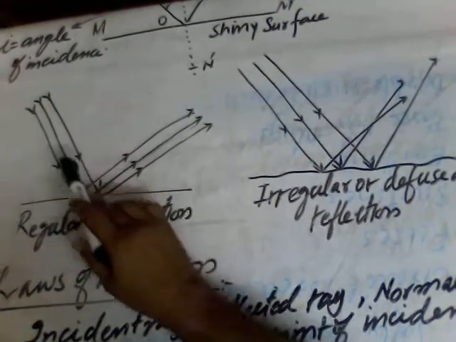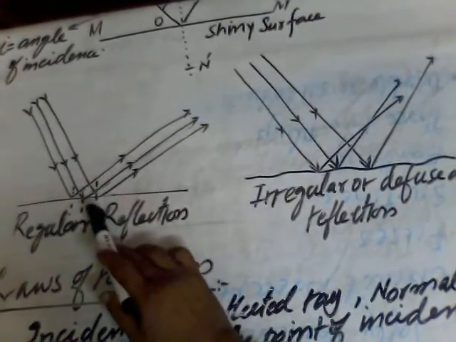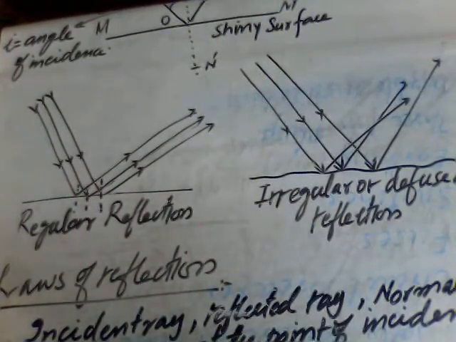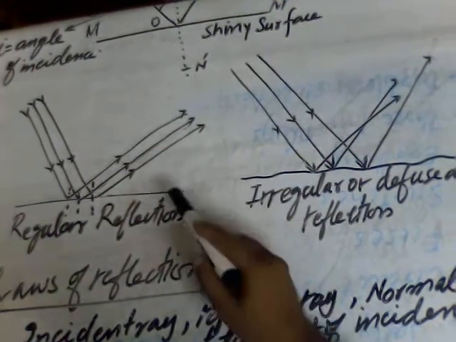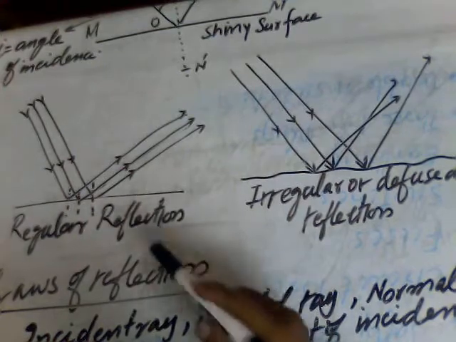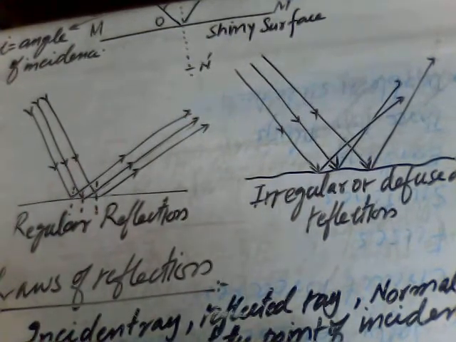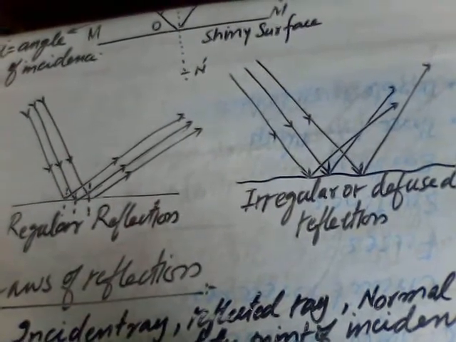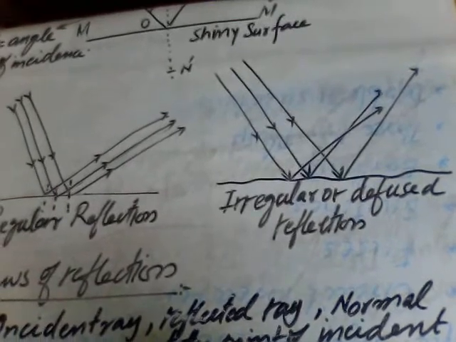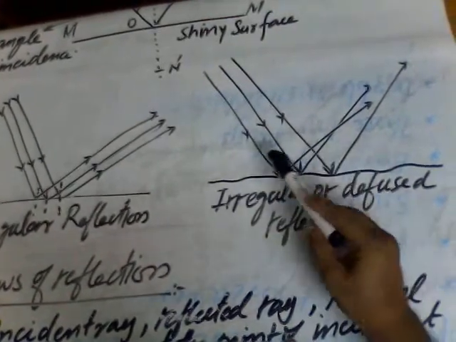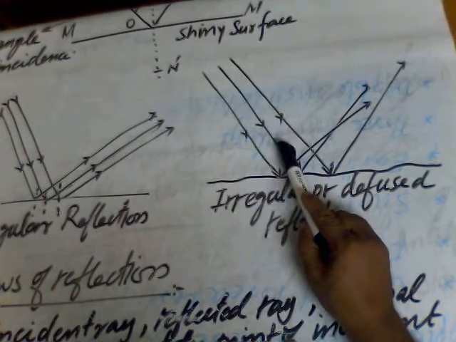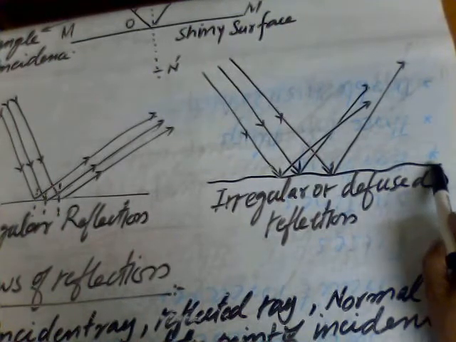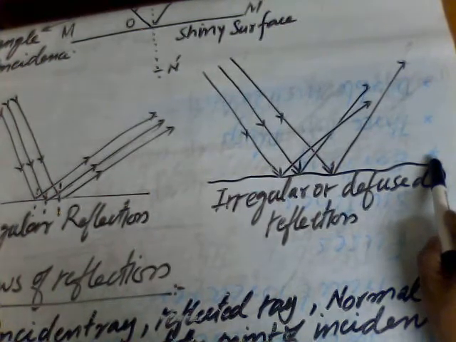And the incident rays are reflected back in a regular manner. This type of reflection is called regular reflection. On the right side, one more figure is there. Three light rays strike an uneven, rough surface, not wholly smooth.